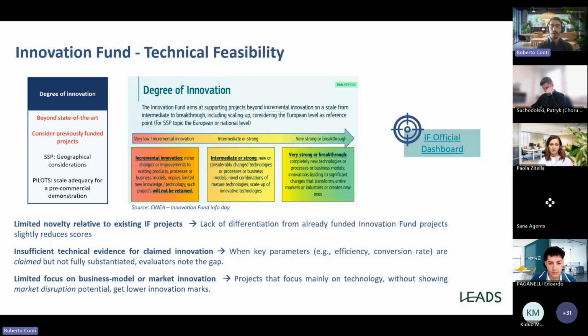So you can also be an American or a Chinese company, but with a legal entity in Europe, and the plant should be located in Europe.